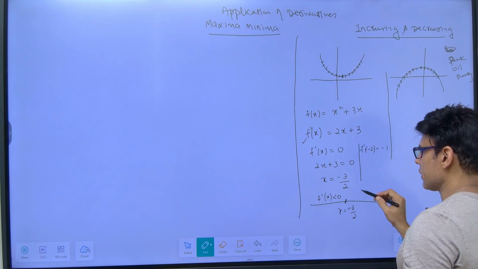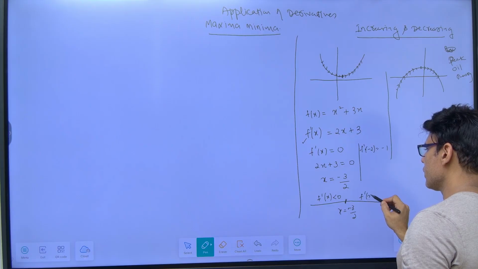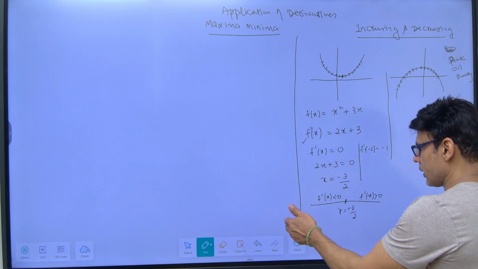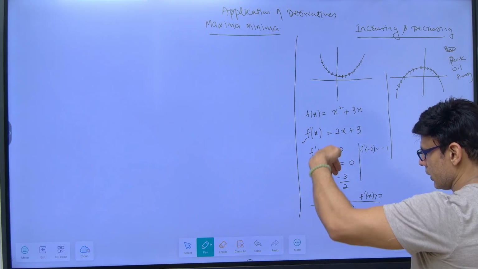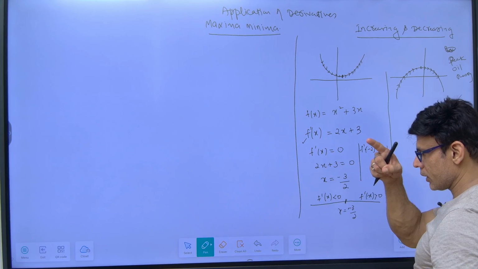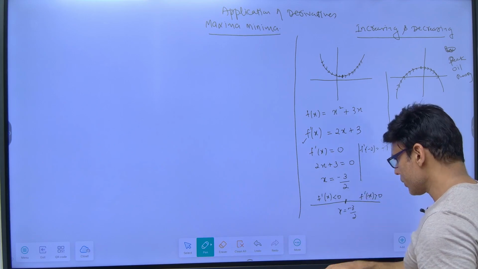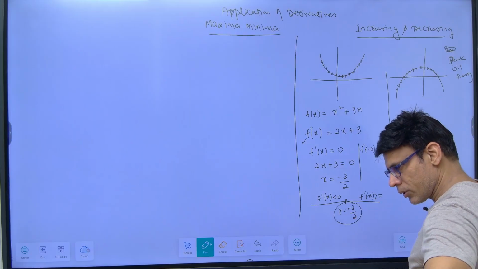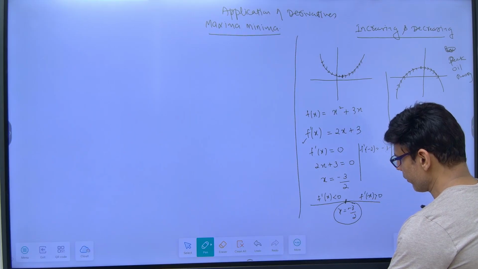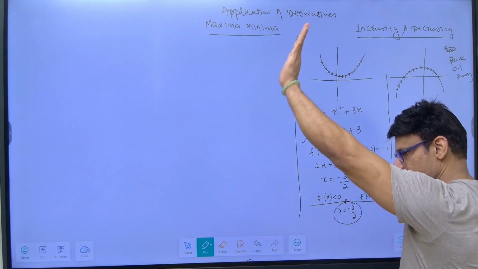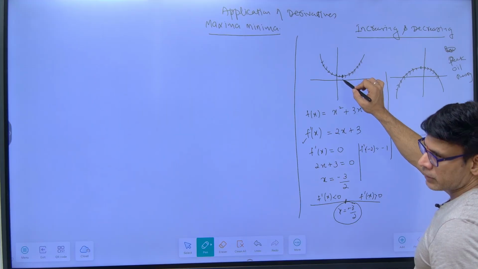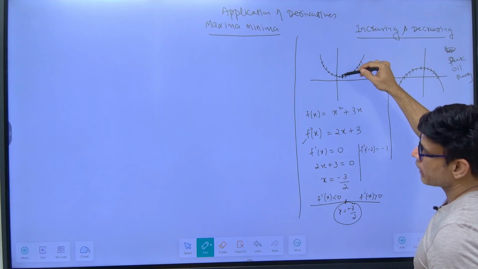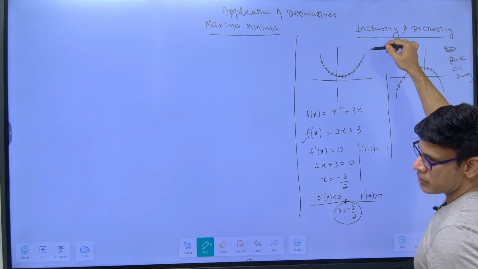this will be positive. So here f dash x is greater than 0. So what is happening in this case? Less than 0 means the graph is coming down, coming down, coming down. It will hit a point and then start going up. Come down, reach a point and then start going up.